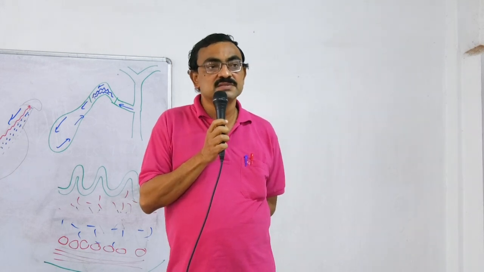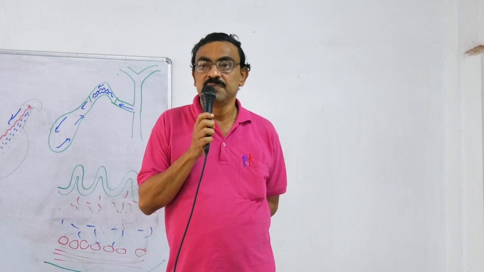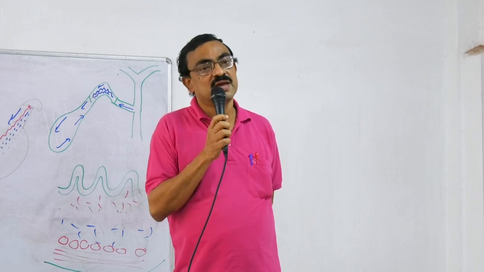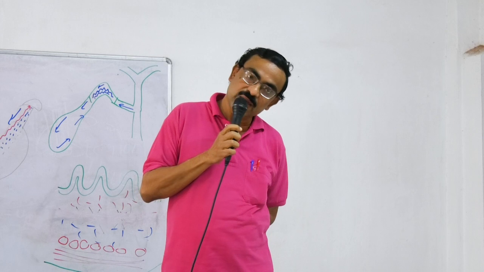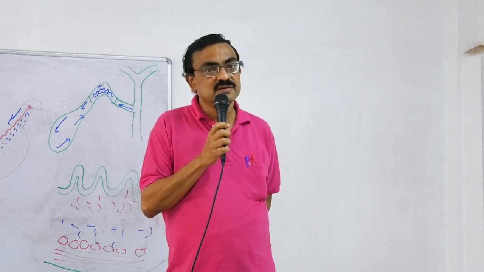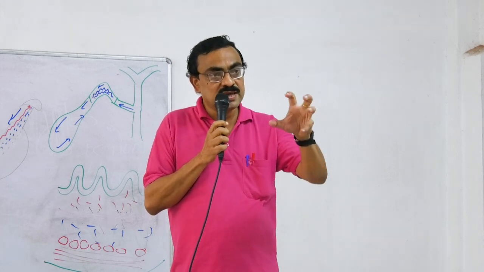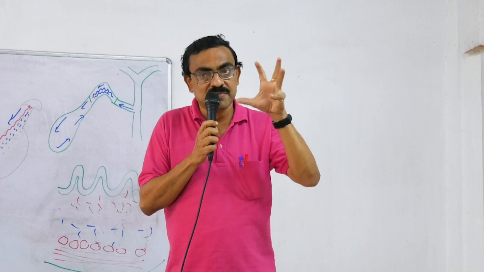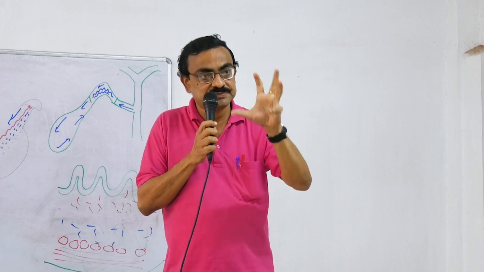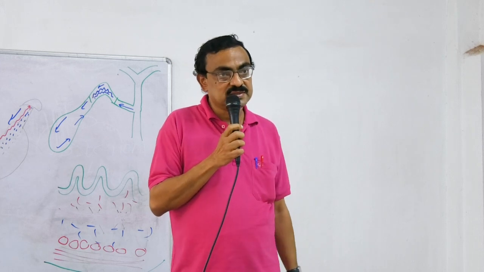Right and left vagus ultimately form the celiac plexus, and from there the hepatic plexus. From the hepatic plexus, the nerves will supply the gallbladder. Secretomotor function is by the parasympathetic, and the reverse is sympathetic.